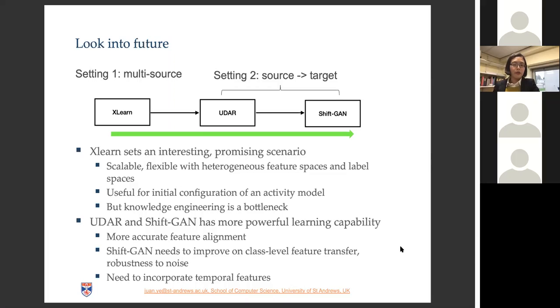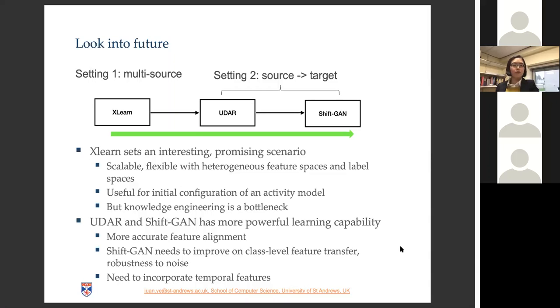But the problem here is we might need to improve on class-level feature transfer, especially in ShiftGAN, because they're taking all the sensors and all the datasets to do the feature mapping learning. We are not working on the in-class level feature transfer yet. But again, that's in our future work.